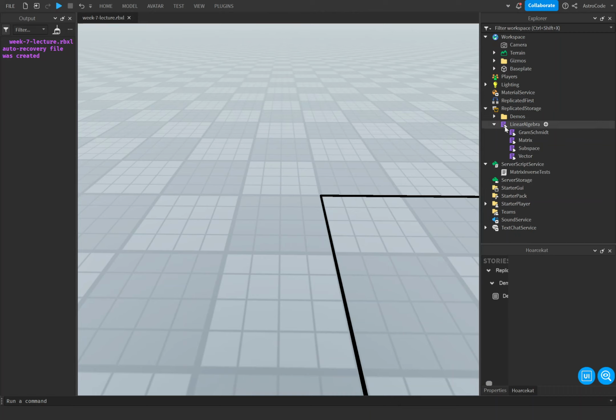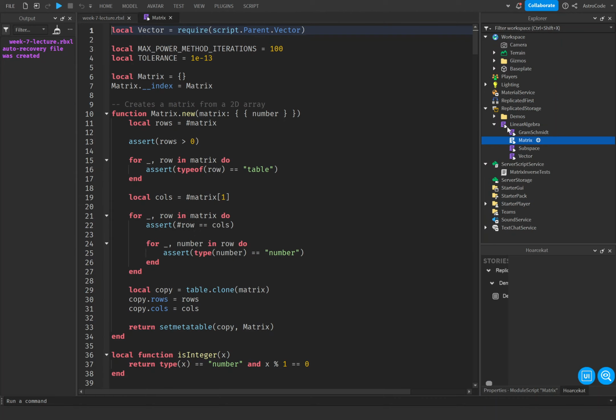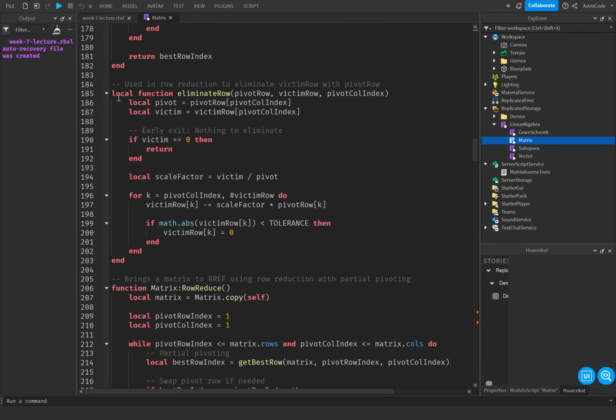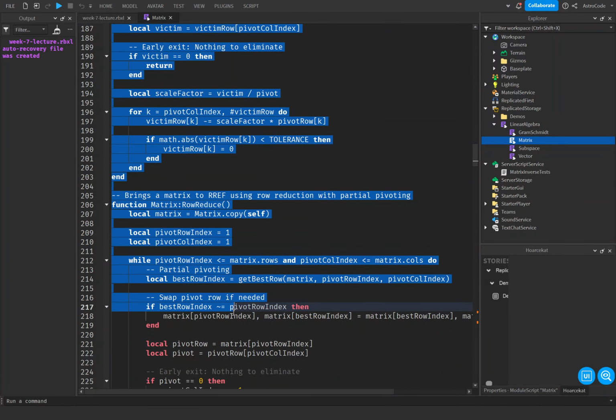Okay. So first I have some updates on our code, which is that you'll no longer see the eigensolver code and the system solver code. That's because I stuck them in the matrix class. Had I not done that, we would have run into a circular dependency today. So now, let me find them. Yeah, here we go. So here's the row reduction code.